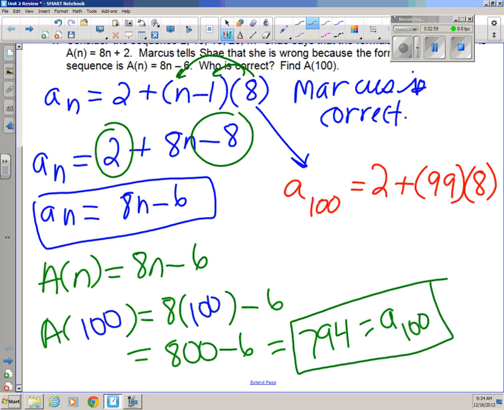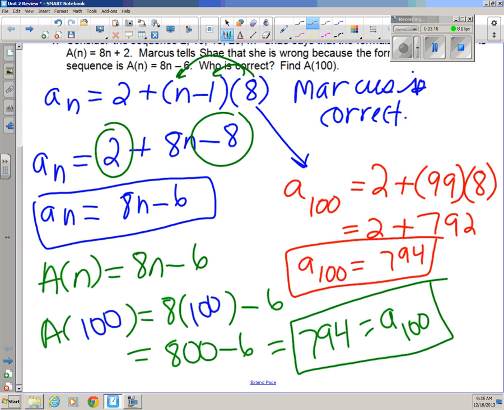When you put this into your calculator, you end up getting a of 100 equals 2 plus, in this case, 792, and you also get a of 100 equals 794. It doesn't matter which formula you use, the explicit formula or the one that was transferred into y equals mx plus b. Either is fine.